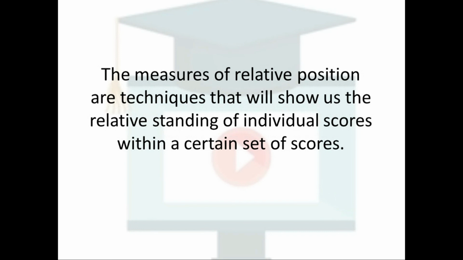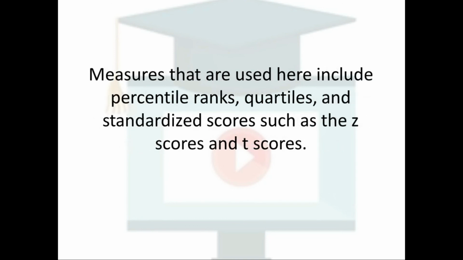The measures of relative position are techniques that will show us the relative standing of individual scores within a certain set of scores. Measures that are used here include percentile ranks, quartiles, and standardized scores such as the Z-scores and T-scores.